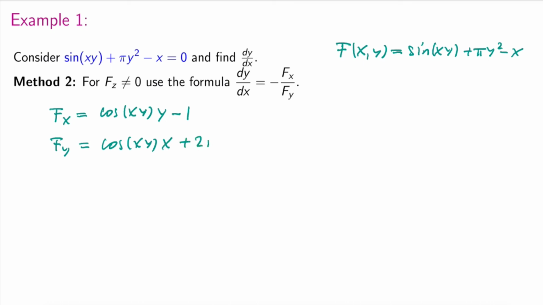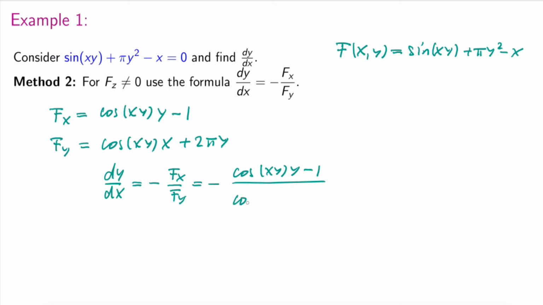And then this is 2 pi y, and that's that. And so using the formula, we get dy by dx is minus Fx over Fy. Subbing it in, this is minus cosine xy times y minus 1 divided by cosine of xy times x plus 2 pi y. And we get another result.